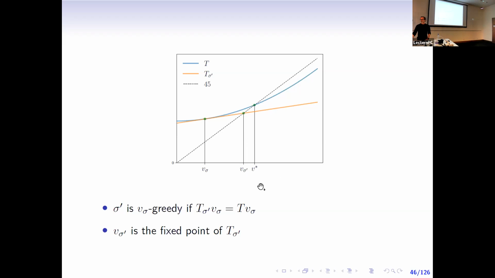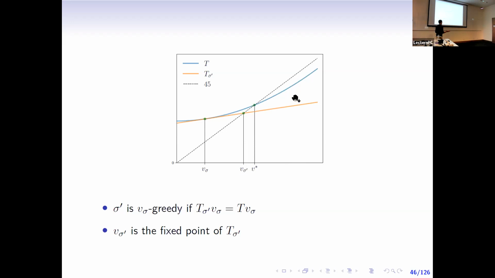Let me be a little bit clear with my terminology. If I just pick a point and start iterating with T, that's value function iteration. In general, if we think about an arbitrary function, it's also called successive approximation. Take a guess, apply the function, get a new guess, apply the function, get a new guess, and we go around.